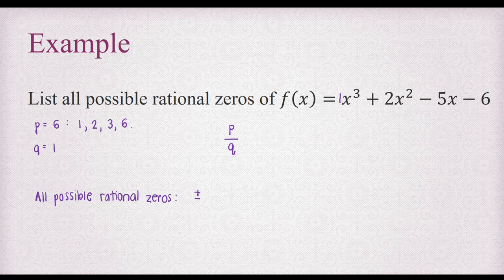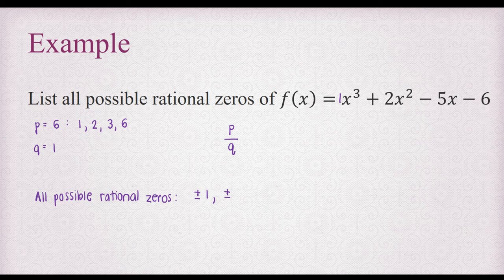So I'm going to take all the numbers for p and put them over all the numbers for q. Well, in this case, since q is just 1, if I divide by 1, it's not going to change anything for p. So I have a 1 for p and I've got a 1 for q. 1 divided by 1 is 1. So I'll have both positive and negative 1 as my possible rational zero.